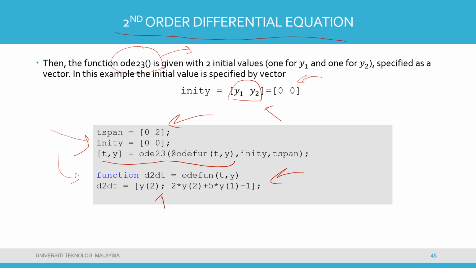Make sure this is this one and this one, not this one and this one. So be careful. This one is for creating a vector. But you have to use this one, semicolon, and then the second one. So this is how you write the function.